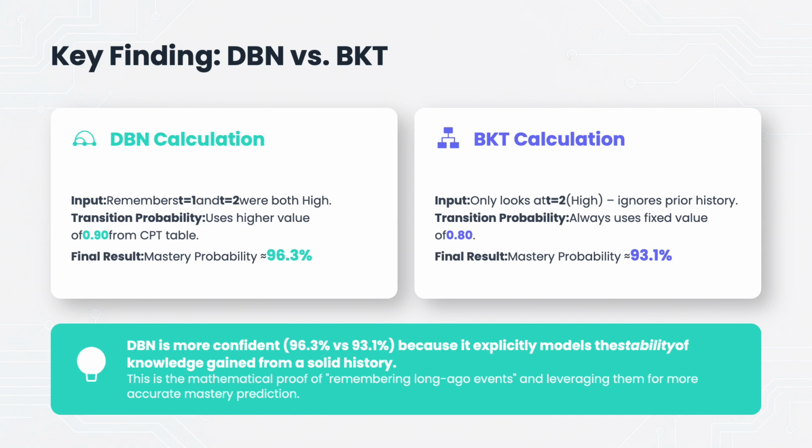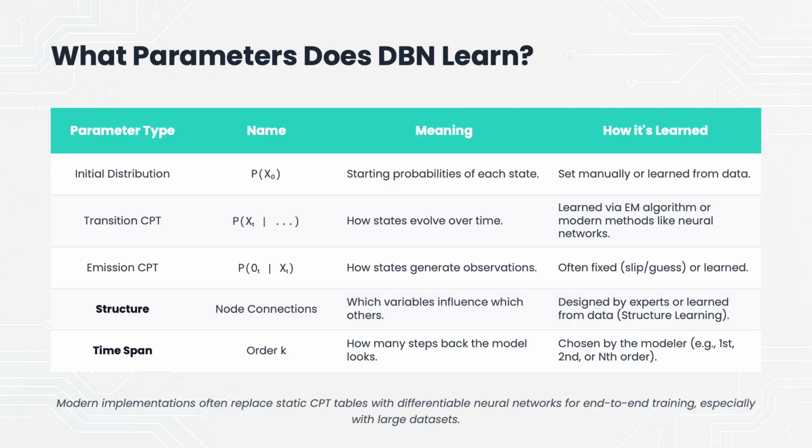So, how do we get all these probabilities, like the numbers in our CPT table? DBN learns or is given several types of parameters. We have the initial distribution, which is our starting belief. The transition CPT defines how the state changes, and the emission CPT defines how the state leads to an observation.